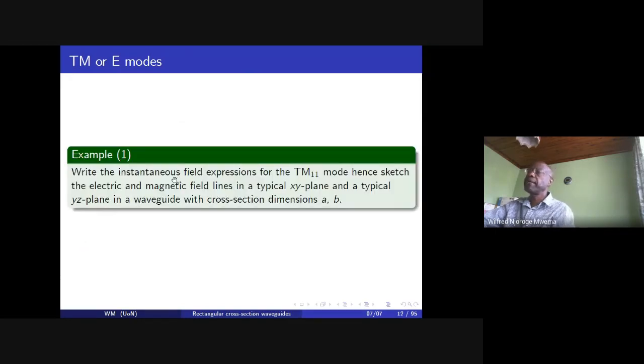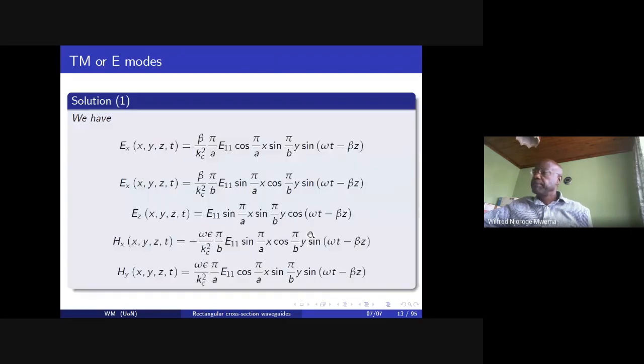So example 1: write the instantaneous field expressions for the TM11 mode, hence sketch the electric and magnetic field lines in a typical XY plane and a typical YZ plane in a waveguide with cross-section dimensions A and B. So you can see the weirdness of what we are talking about.